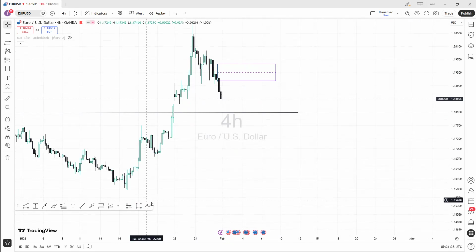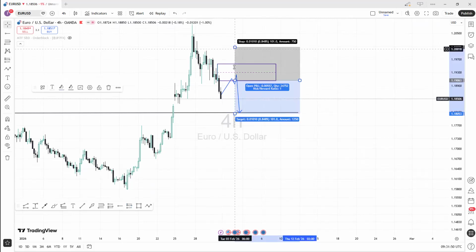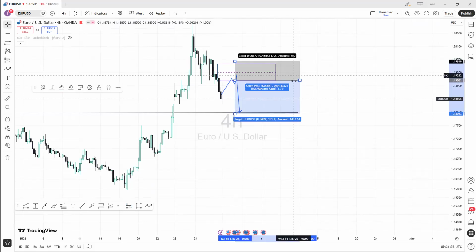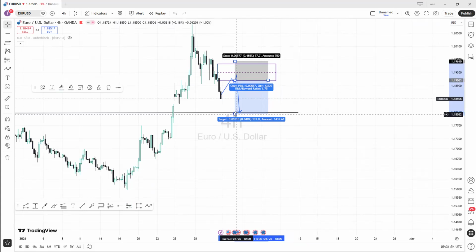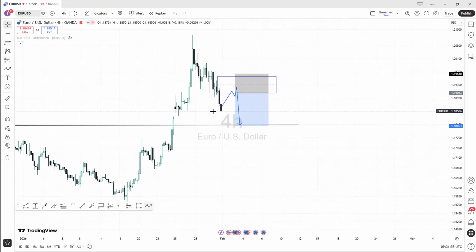So expecting when price retraced back upward, we can wait a reaction from that area, and then we can pick a short position to downside. So we have to wait confirmation on that 4-hour unmitigated supply zone, and then you can pick a short position to that area. Okay. If price will drop aggressively, and then we can find reversal pattern from discount for buys.